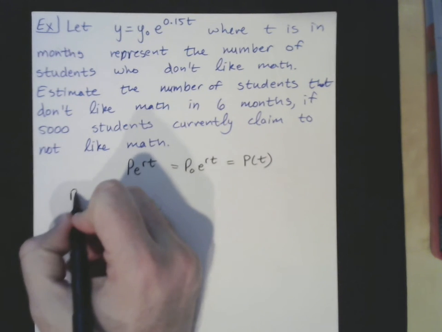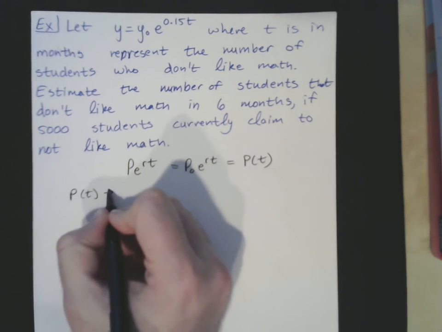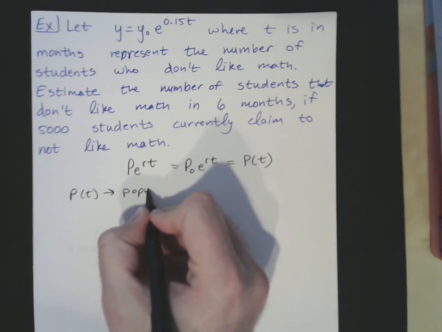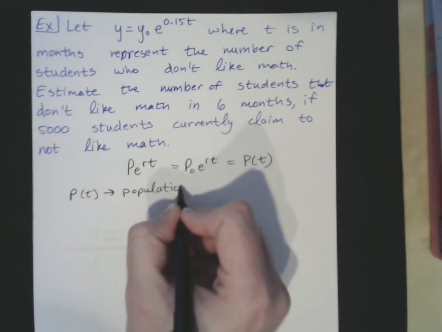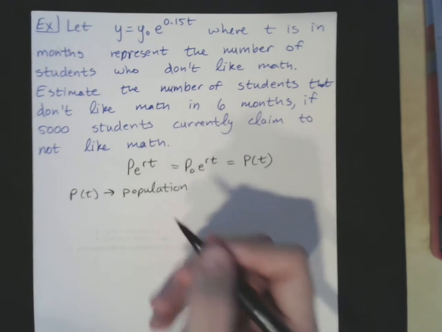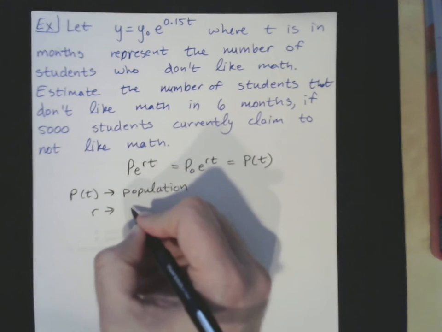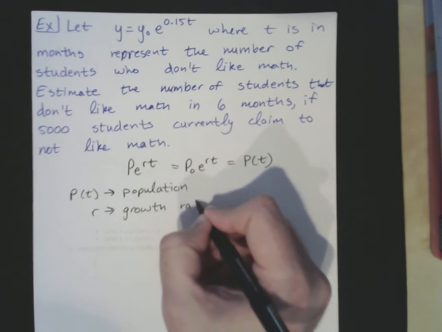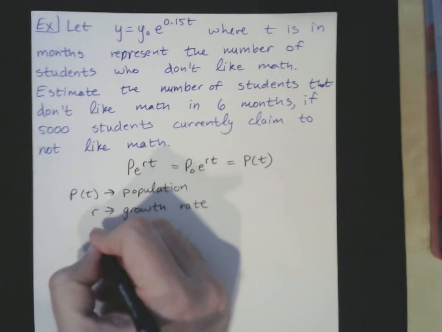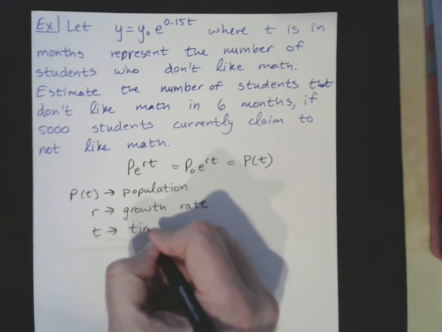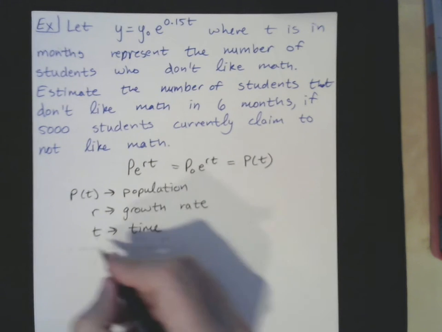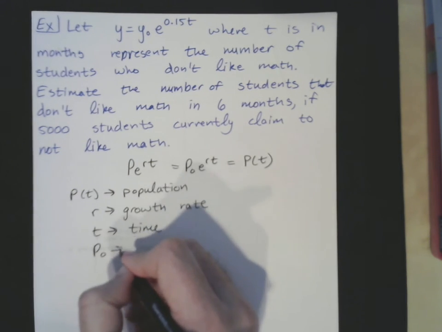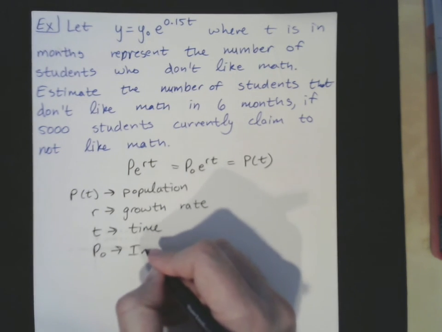So P of t is population, e is just the exponential e, r is the growth rate, t is time, and P naught is the initial population size.